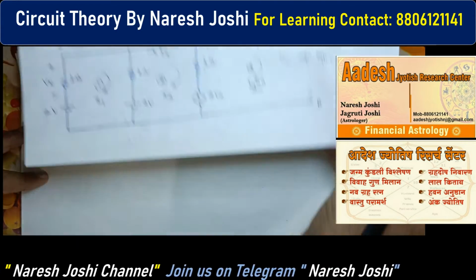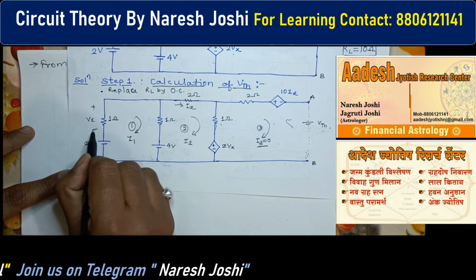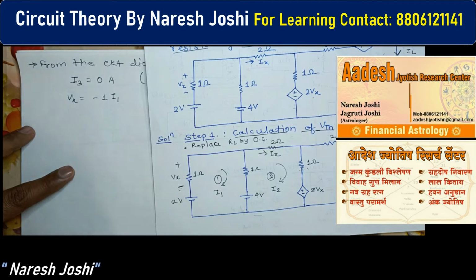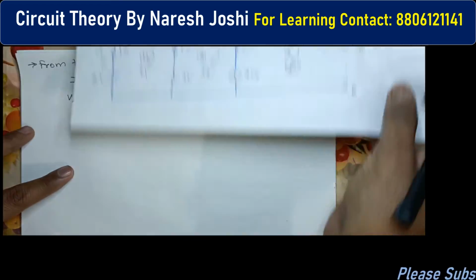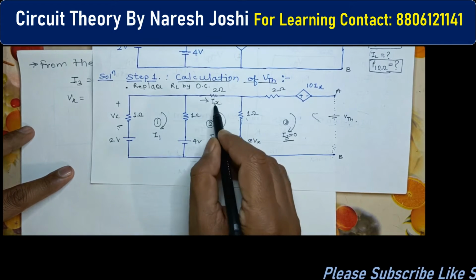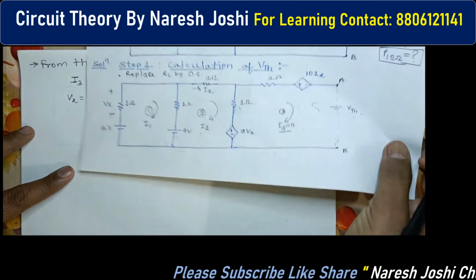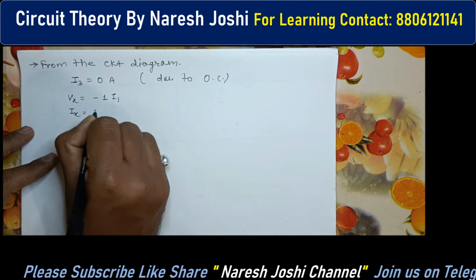I am just following this direction, and the minus sign is here, so that's why I am directly writing minus I1. To know this concept, you can watch my mesh analysis video, I have explained it there. Next, Ix: you can see this is Ix and this is I2. So this is again the same. I will write here Ix equals I2.